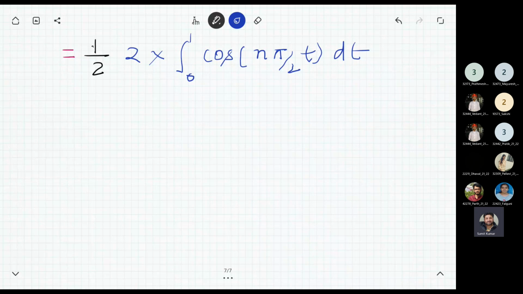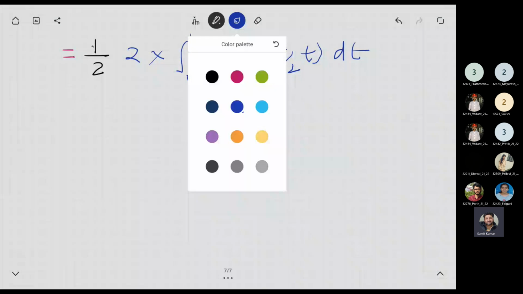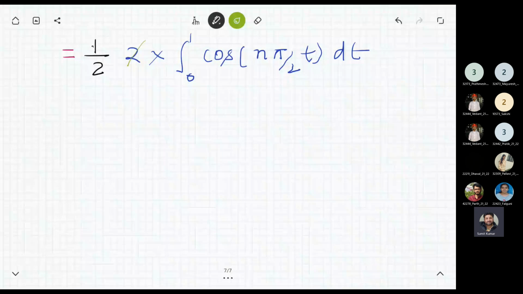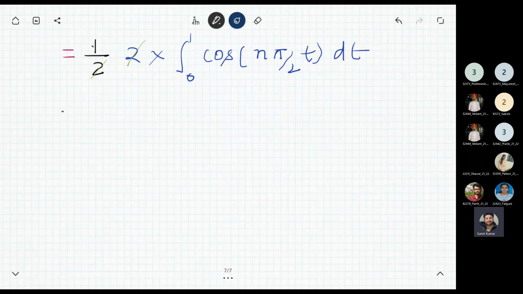It was -1 to 1, so I can write it as 2 times 0 to 1, isn't it? Because of that, the 2 will cancel, right? And what I will be having is the integration from 0 to 1.